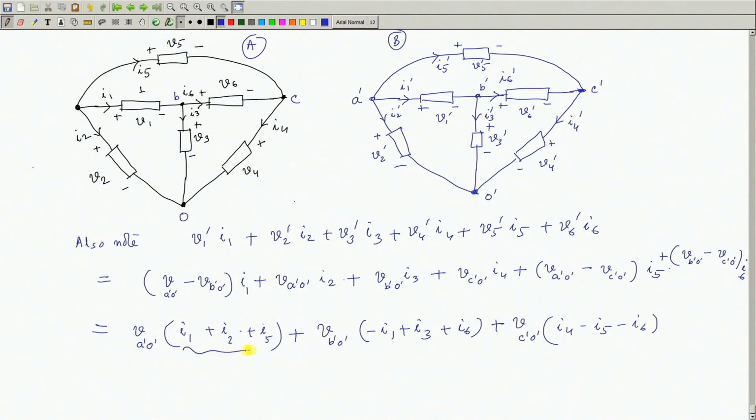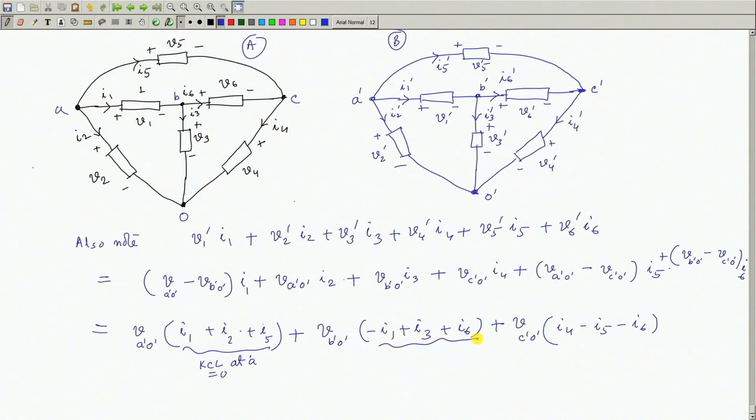But what is this thing? I 1 plus I 2 plus I 5 is KCL of network at node A, this is A, B, C, and this must be 0.